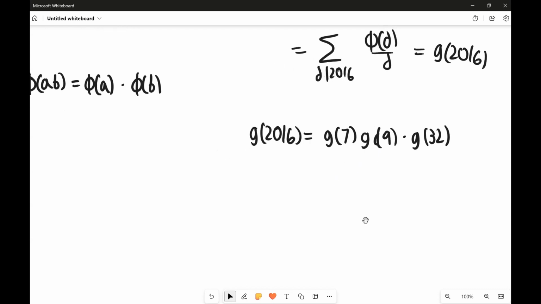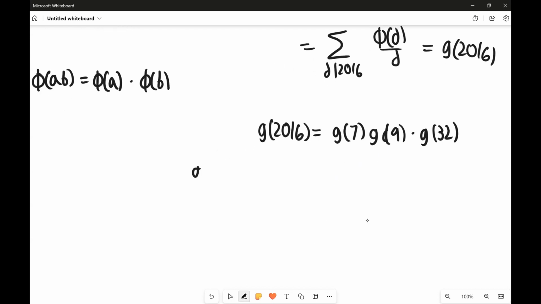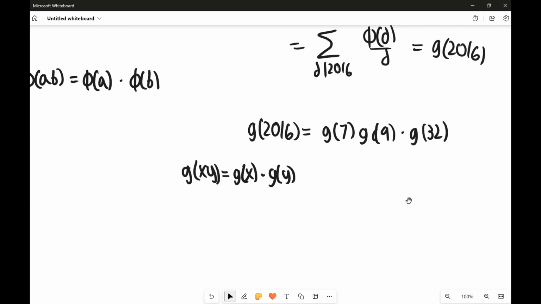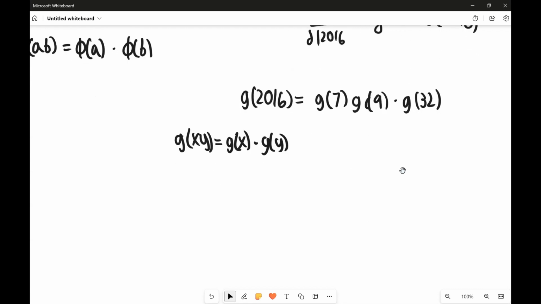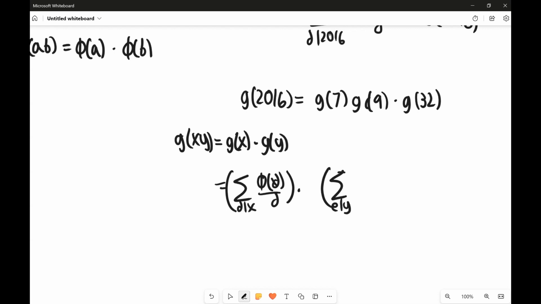In other words, we want to prove that g of xy is equal to g of x times g of y, where x and y are relatively prime. So this ends up being the sum over d dividing x of phi of d over d times the sum over e dividing y of phi of e over e.